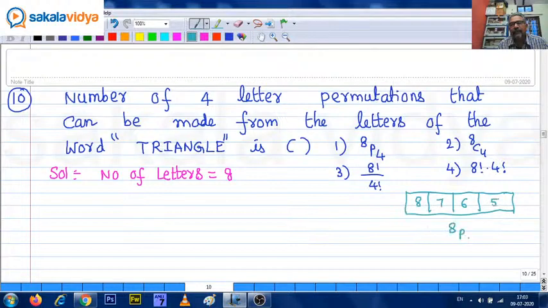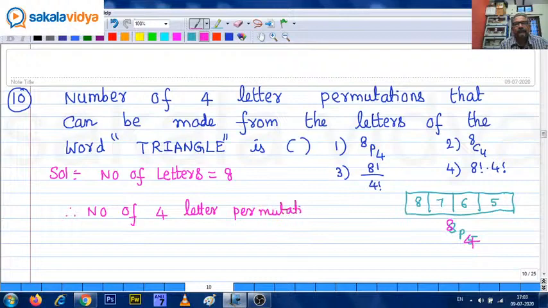So therefore, the number of 4-letter permutations is 8P4, or we can write 8 into 7 into 6 into 5. This is 56 multiplied by 30, which is 1680. That is also the correct answer.